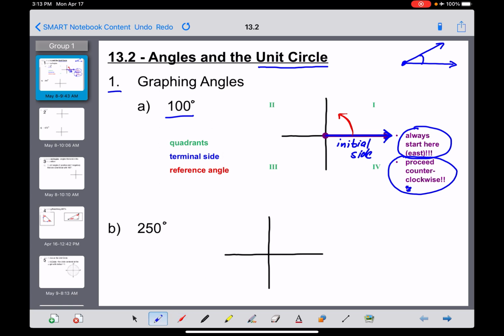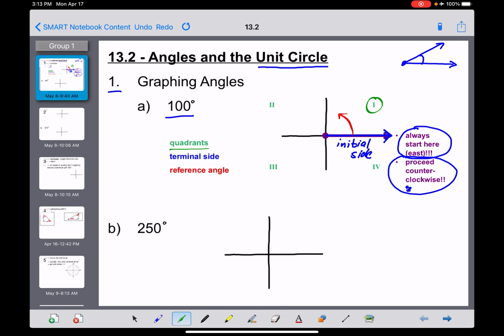Now, a little bit of vocab I wanted to go over with you guys. When we're talking about the quadrants of the coordinate plane, the prefix quad means that we're breaking things up into four. Because we start at the initial side and go counterclockwise, this quadrant right here is the first quadrant.